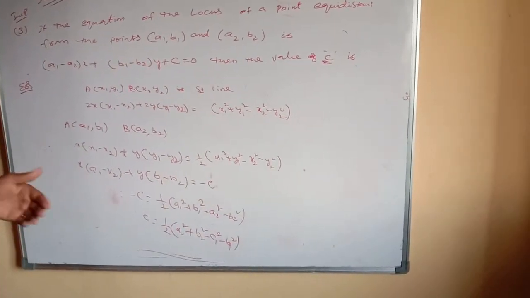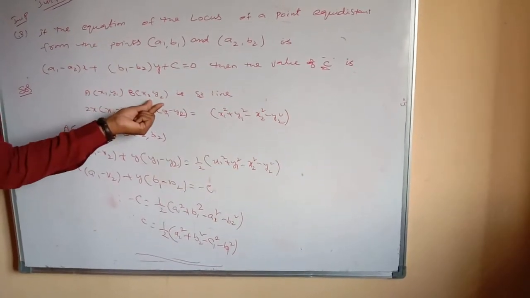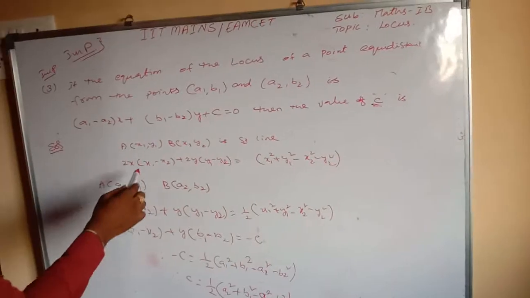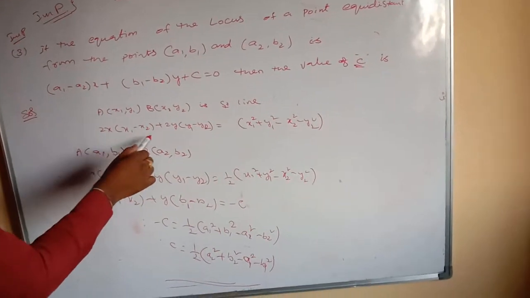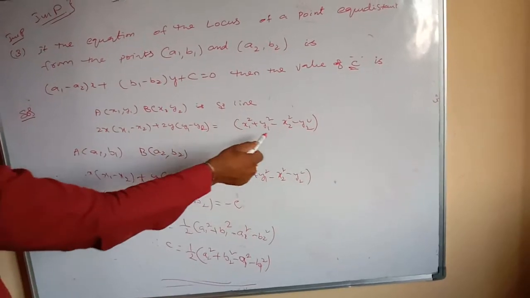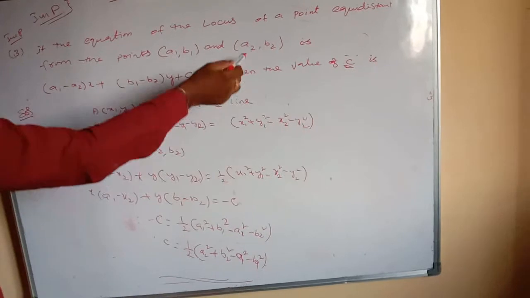Once again I repeat the property. The locus of a point which is equidistant from two fixed points A(x1, y1) and B(x2, y2) is a straight line, 2x into (x1 minus x2) plus 2y into (y1 minus y2) is equal to something. Here A is (a1, b1) and B is (a2, b2).